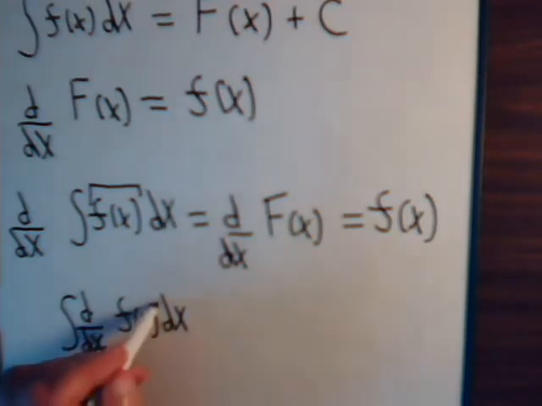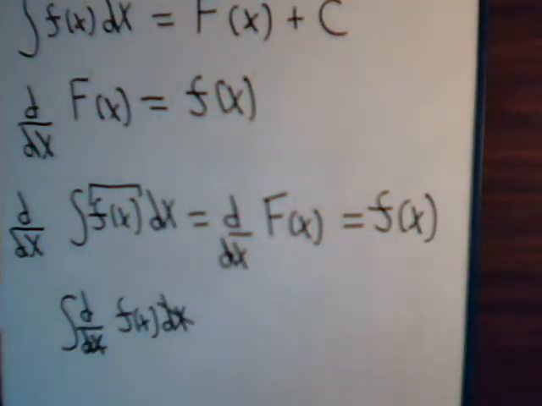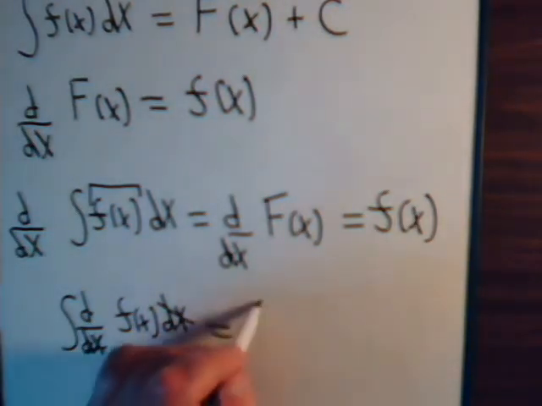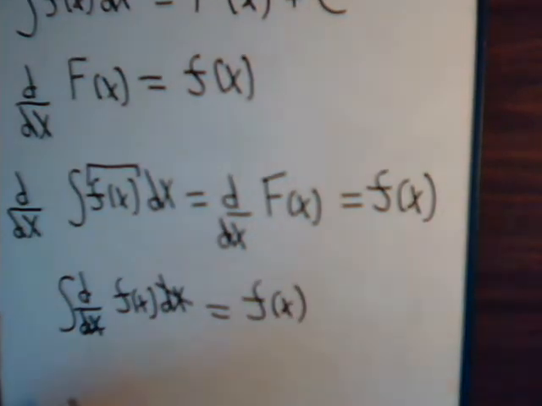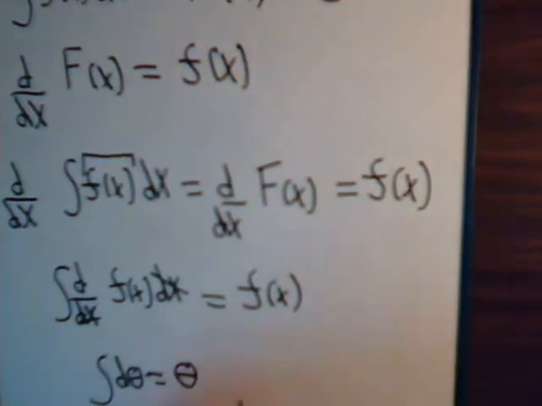Well, these cancel, so now we just have the integral of d f of x. But of course that's f of x. The integral of any, say, d theta, that's theta. Or the integral of dx, that's x.